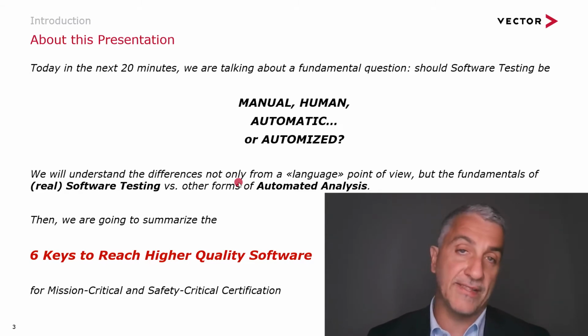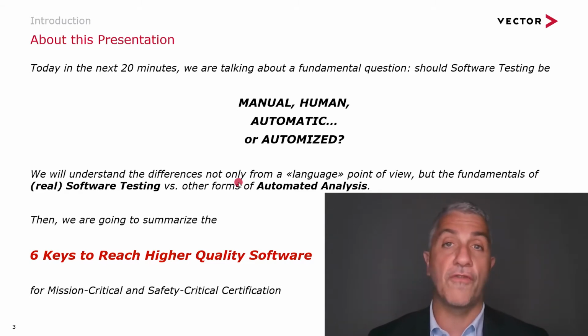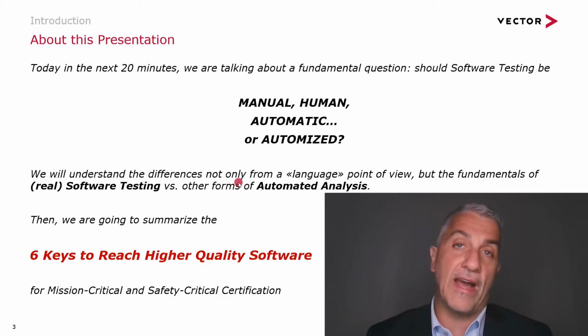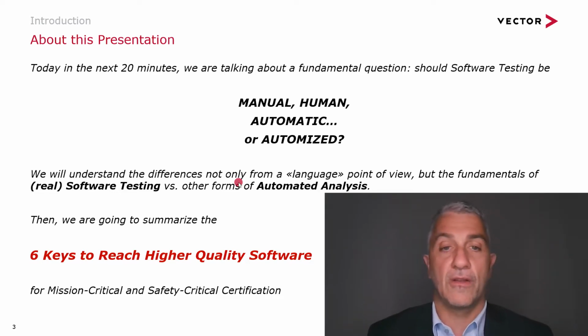We will understand the differences not only from a language point of view, but the fundamentals of real software testing versus other forms of automated testing or automated analysis. And then finally, we are going to summarize which are the 6 keys, the 6 steps to reach higher quality software. Either you are doing certified safety critical software or other forms of mission critical or business critical software.